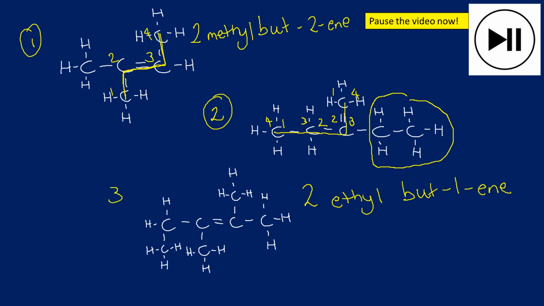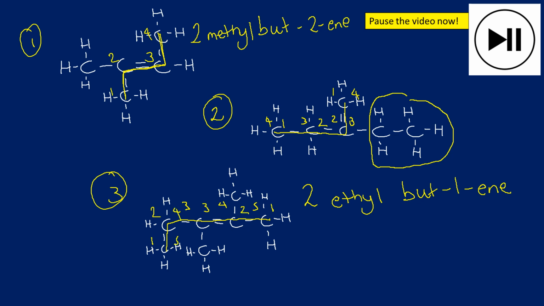Right, the third one then. Longest chain that contains the functional group is 1, 2, 3, 4, 5. Let's number them. 1, 2, 3, 4 and 5, or in reverse. 1, 2, 3, 4, 5.